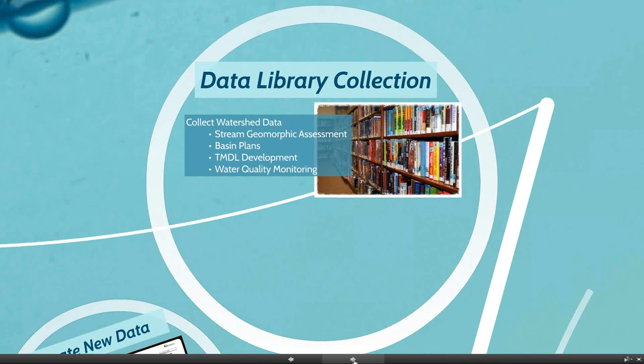Also, any stream geomorphic assessment data is often critical, to key in on the areas of the stream which may be specifically sensitive to increased stormwater flow, or any other areas with high value water quality. All these things could be gleaned by doing a good, thorough existing conditions analysis.